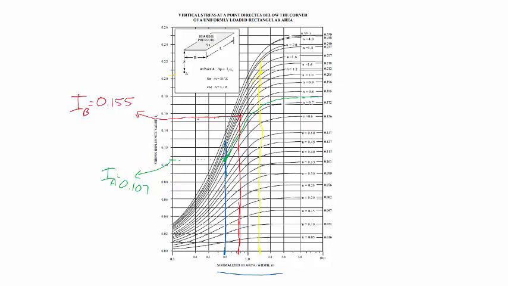And so that gives us an I for the first shape for C of 0.205.